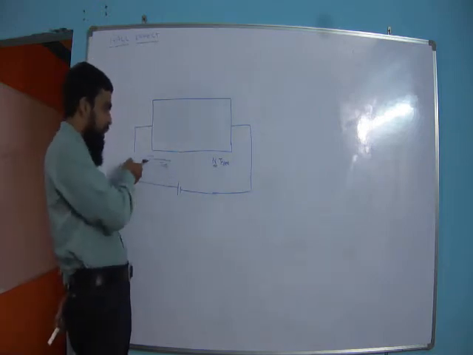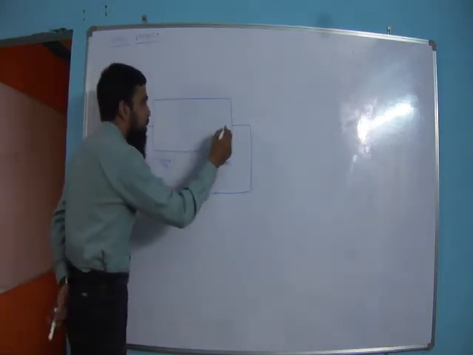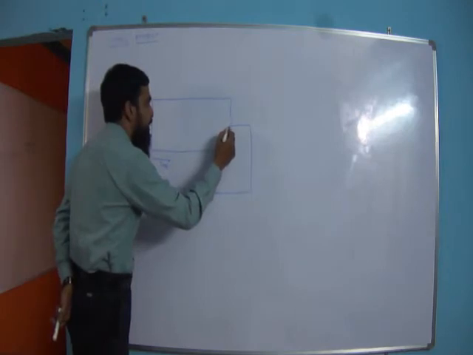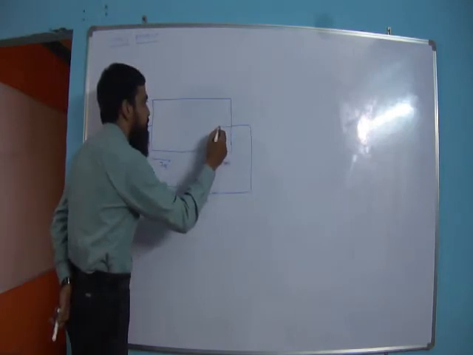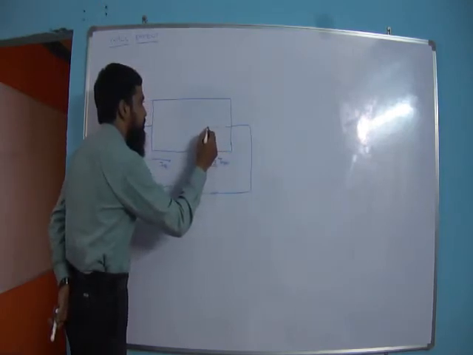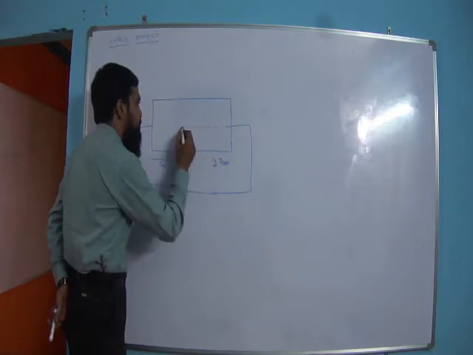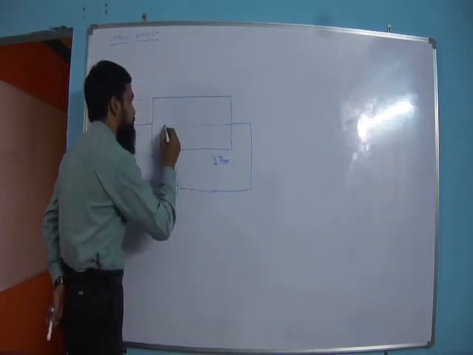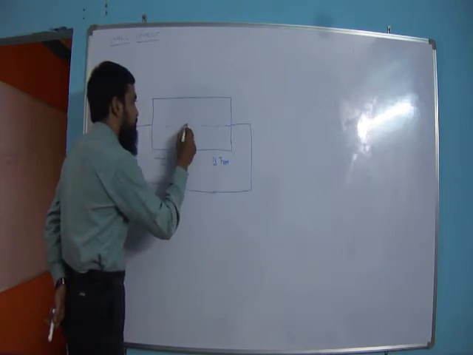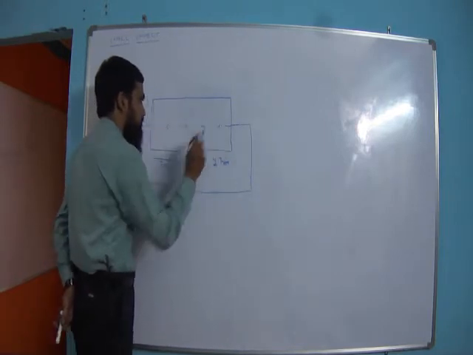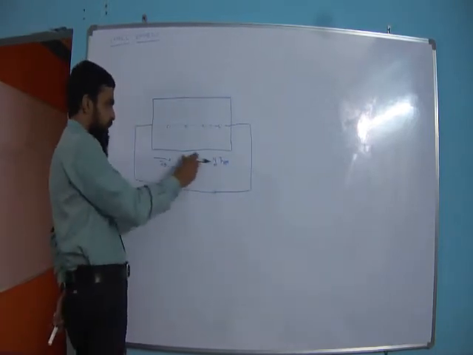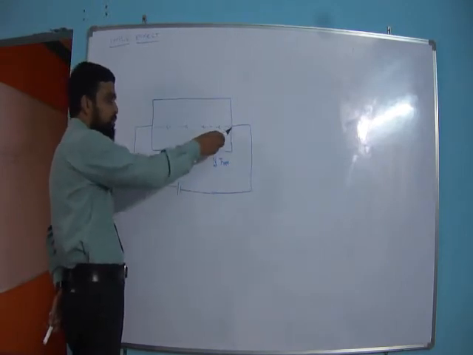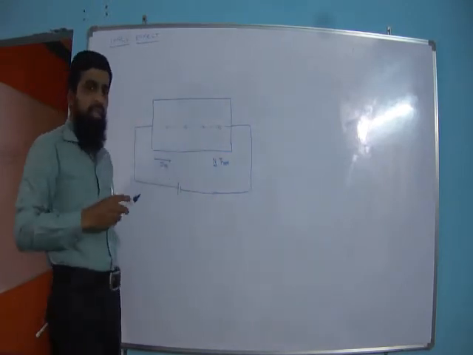As the current is flowing in X direction, the electrons will be moving in minus X direction.